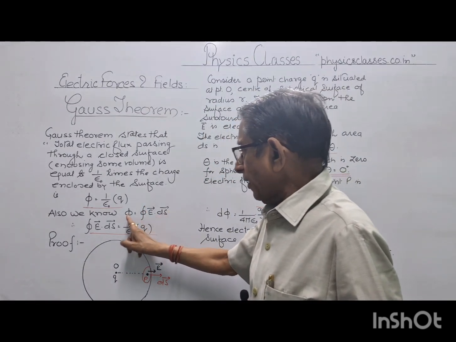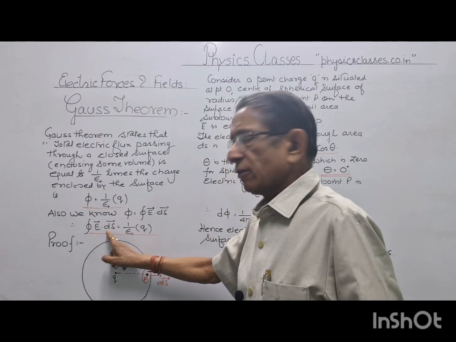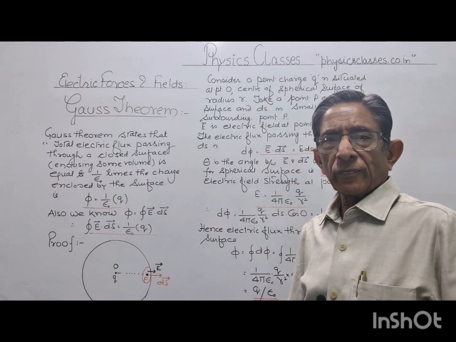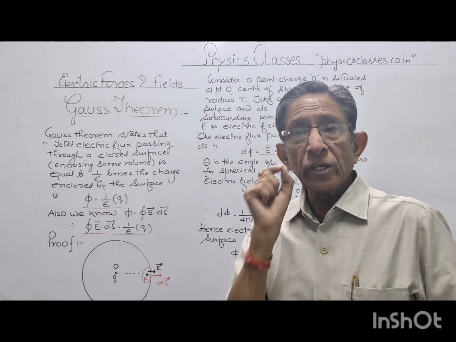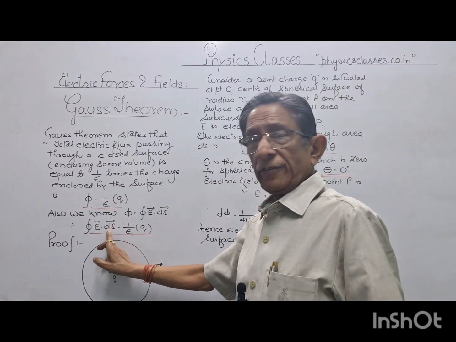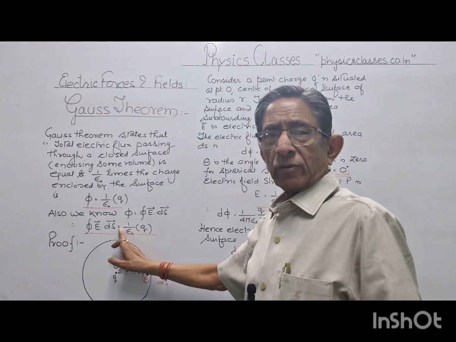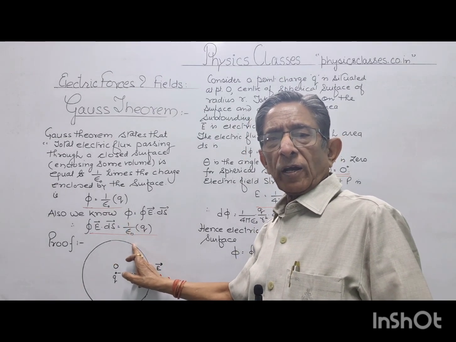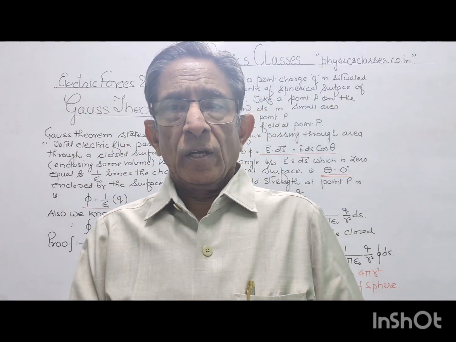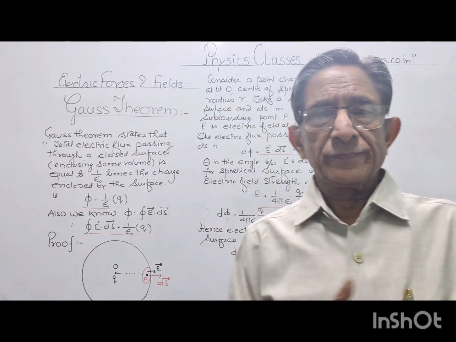So substituting for phi, integral E vector dot dS vector is equal to 1 upon epsilon naught Q. Gauss theorem therefore can be stated as: the surface integral of electric field is equal to 1 upon epsilon naught times the charge enclosed by the closed surface. So in either of the two ways, you can state Gauss theorem.